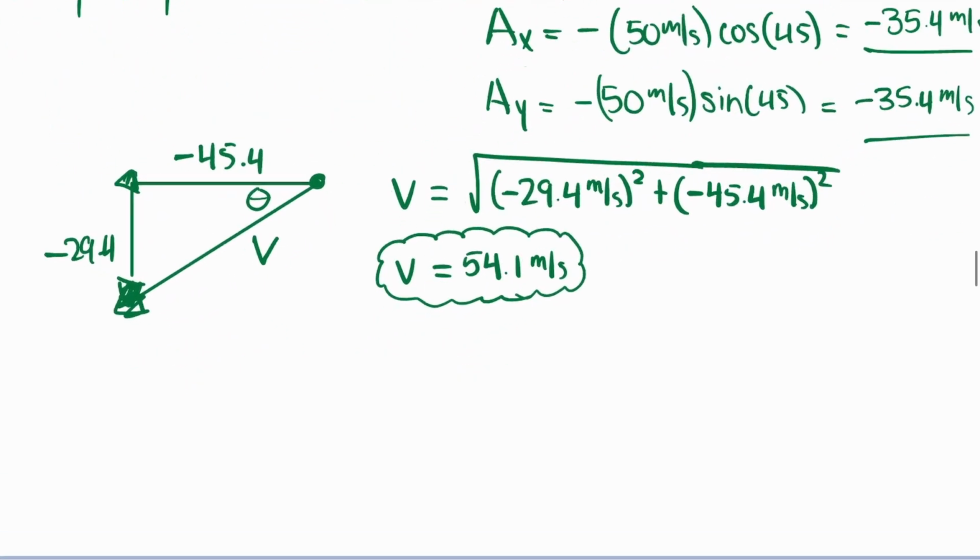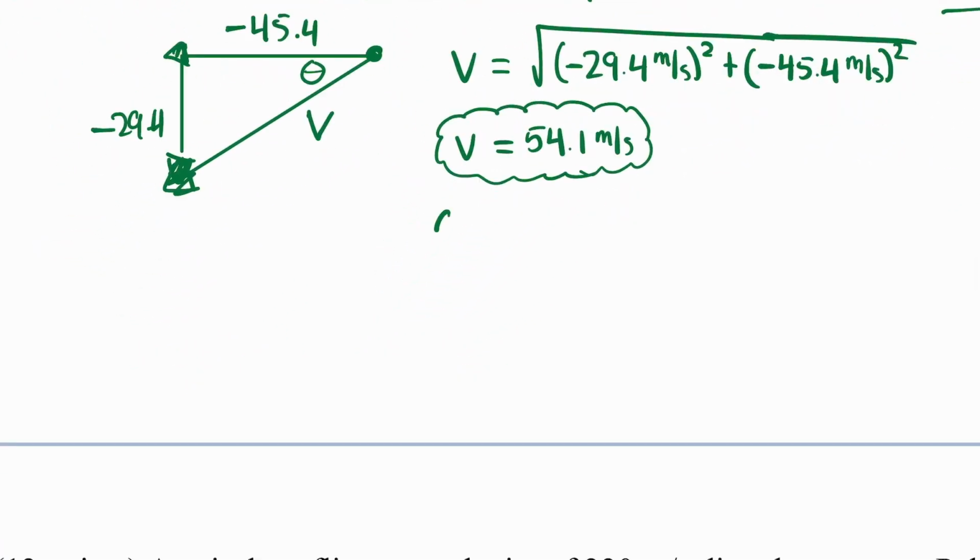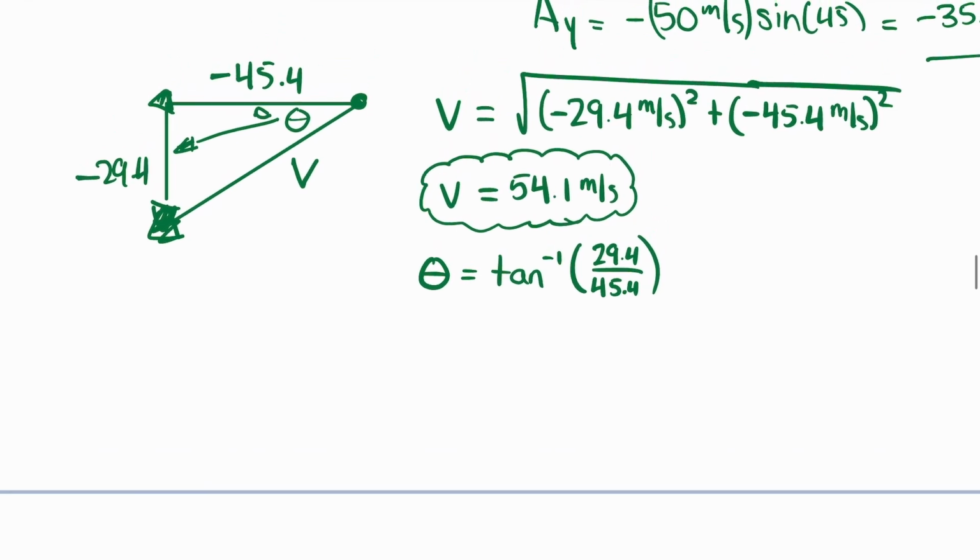Now, in what direction is it moving? Well, I can find the angle by computing the inverse tangent of opposite, that is 29.4, divided by the adjacent, which is 45.4. By keeping these values positive, I'm going to find an angle measure that is just incorporated in this triangle here. So I'm not allowing for any negatives.